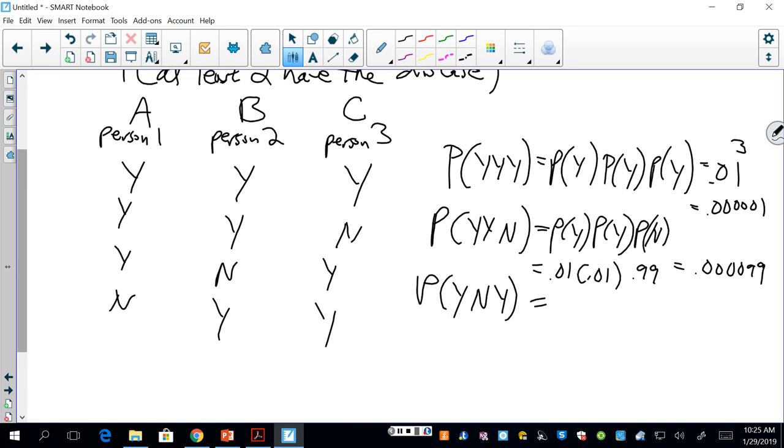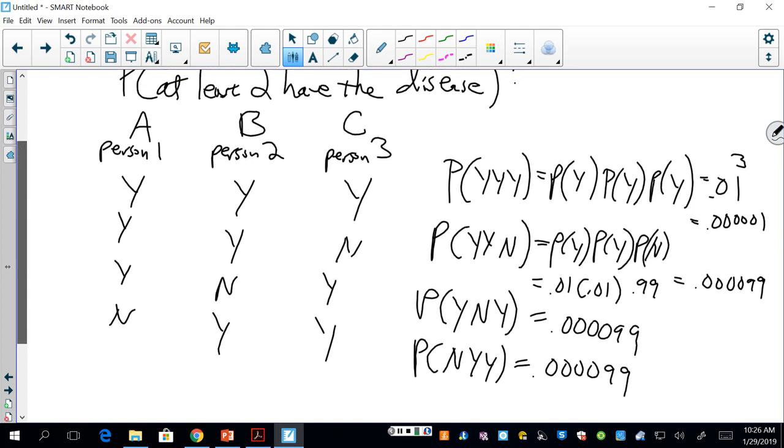It's going to be the same probability as that other one: 0.01 times 0.99 times 0.01, which is 0.000099. And the same thing for no, yes, yes, it's going to give us the same probability. So if you add up those four scenarios, you get the probability that at least two people out of the three that you test or study have that disease.